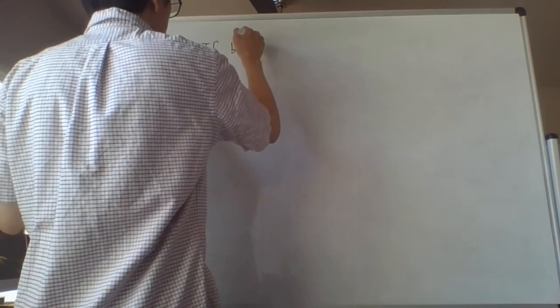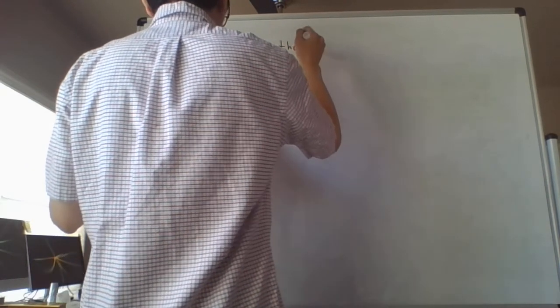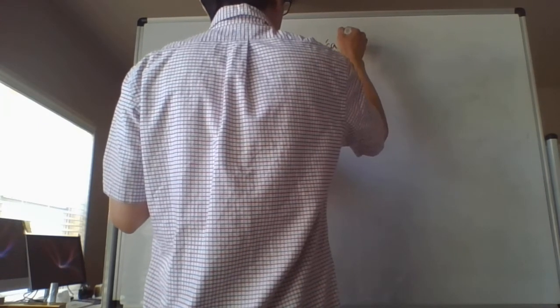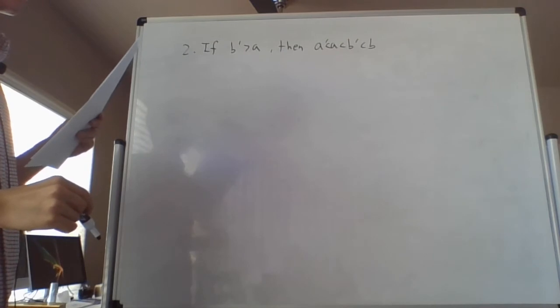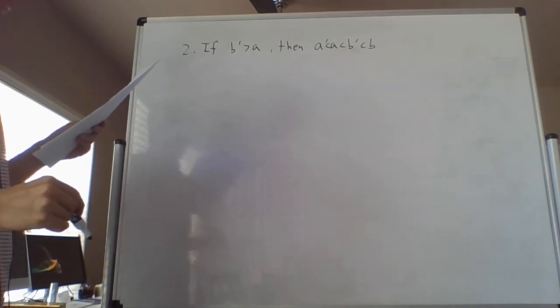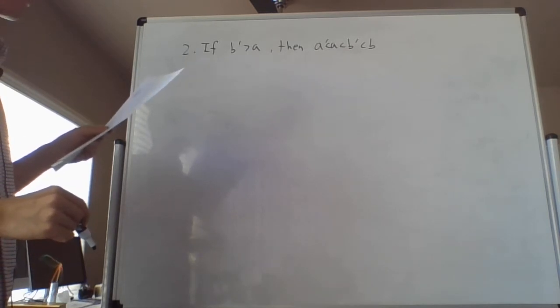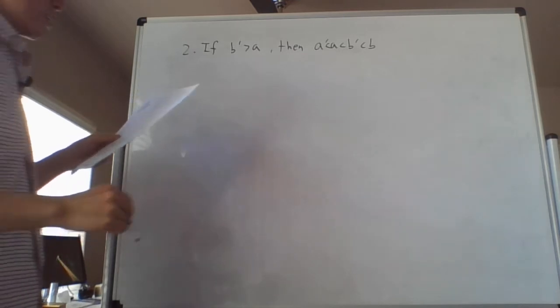Then let's consider b prime is greater than a. Then we have this. So here it doesn't matter whether x star is greater than b prime or less than b prime, it doesn't matter. So we have a picture.